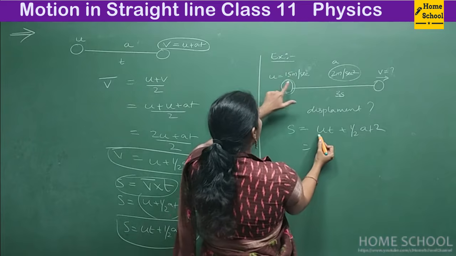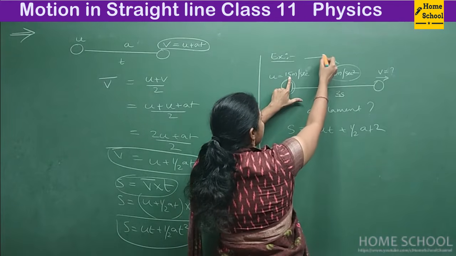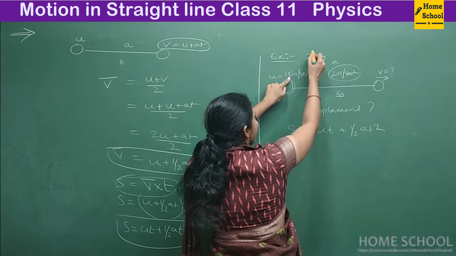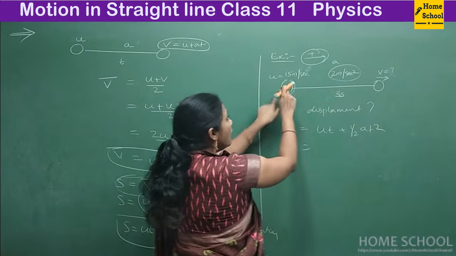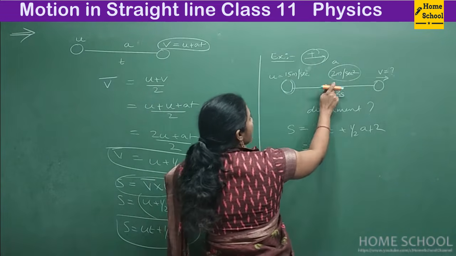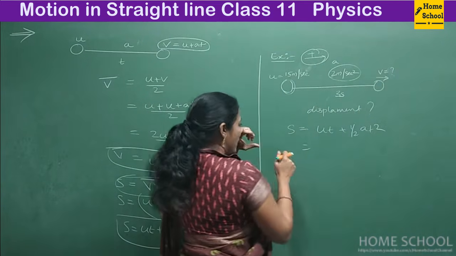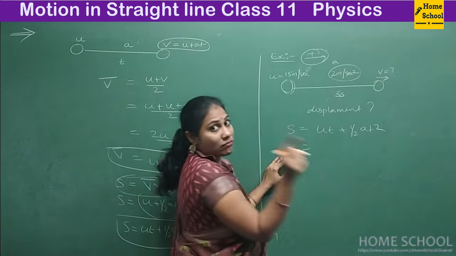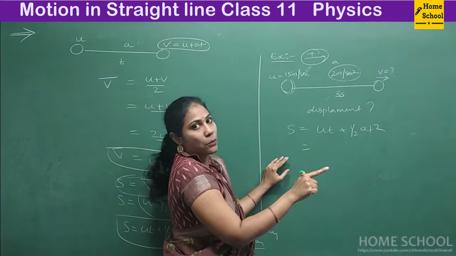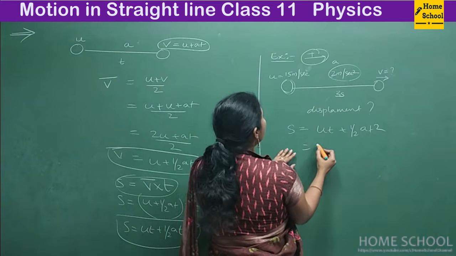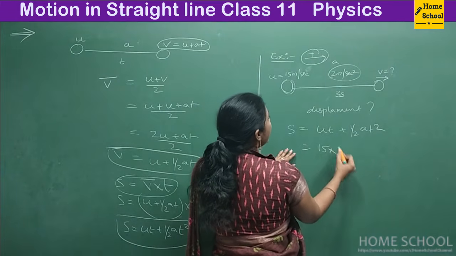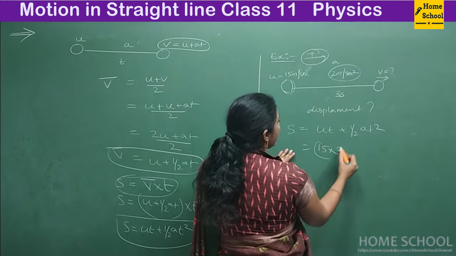So what is u? The direction in which the object is moving is always considered positive. So u is positive, a is positive, and v is not given, right? So always consider signs, that's the most important thing. So u is plus 15 into time is 3, right?